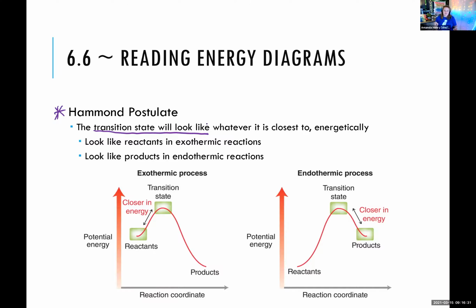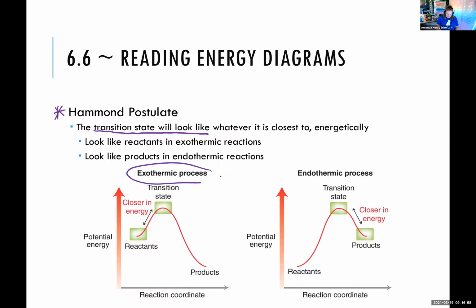We know that the bonds are going to be half broken and half formed. I use the word half, but it's not really an equal point. The transition state is going to look closer to whatever it's more similar to energetically. If we're looking at the graph, we could also think of it as it will look like whatever it's closer to physically.